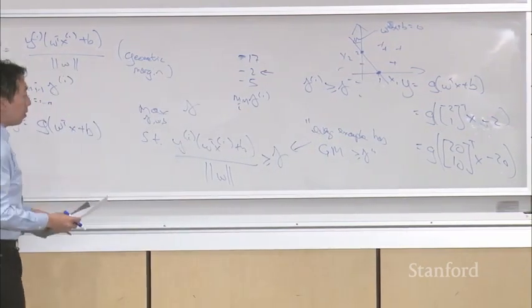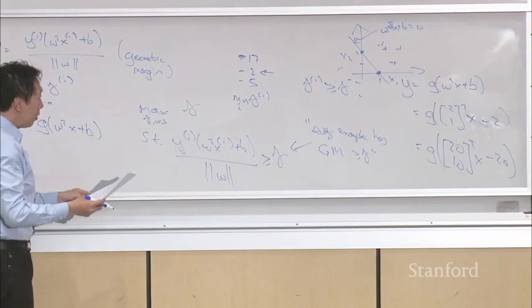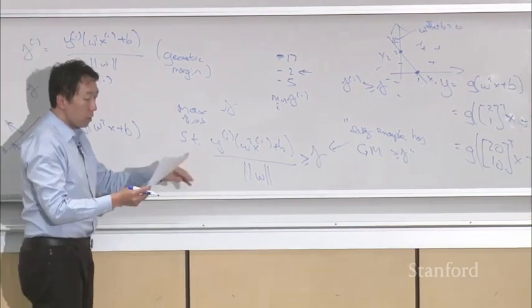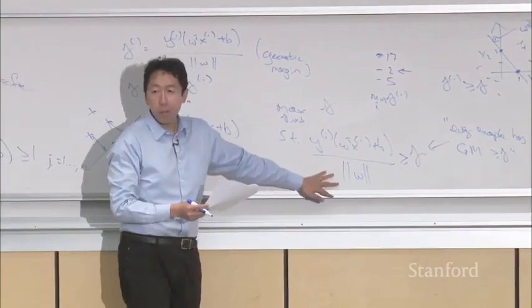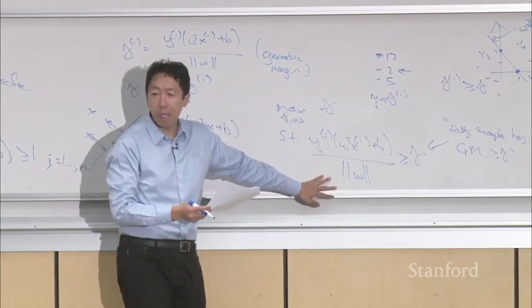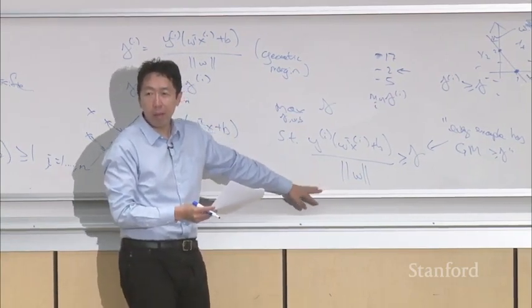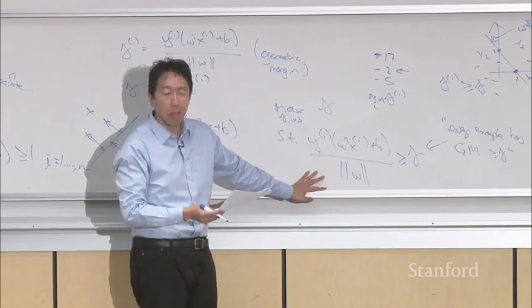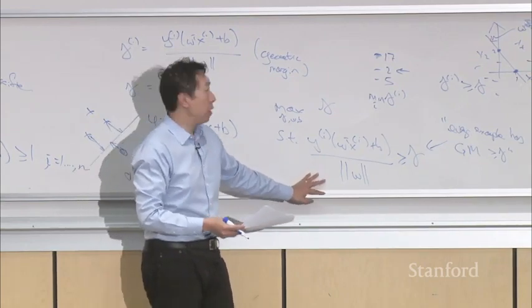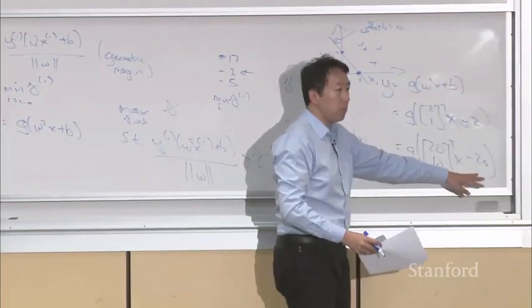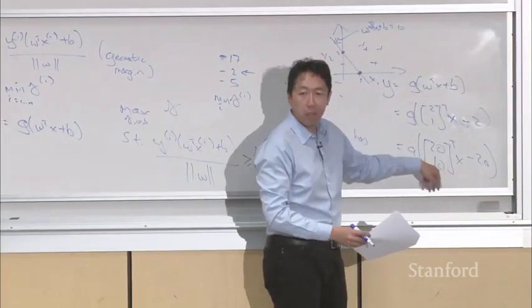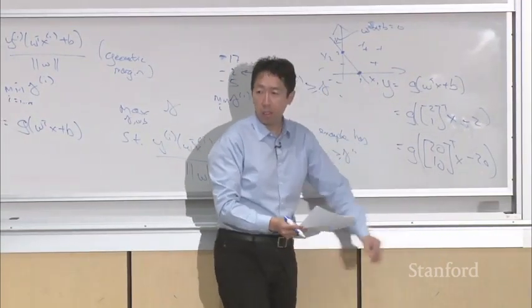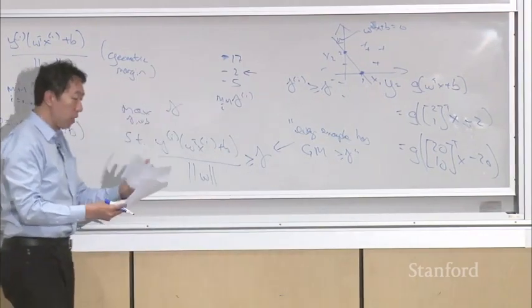And so to simplify this, notice that you could choose anything you want for the norm of w, right? Just by scaling this by a factor of 10, you can increase it, or scaling it by a factor of 1 over 10, you can decrease it. But you have the flexibility to scale the parameters w and b up or down by any fixed constant without changing the decision boundary.